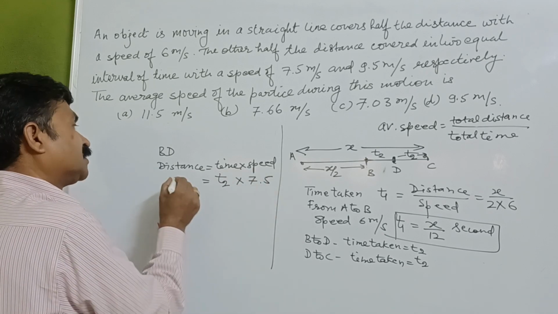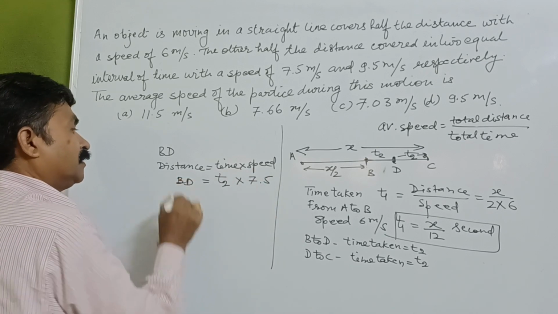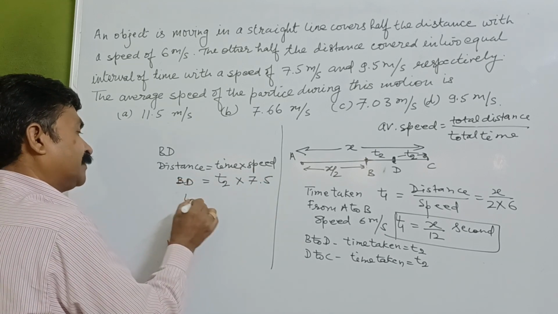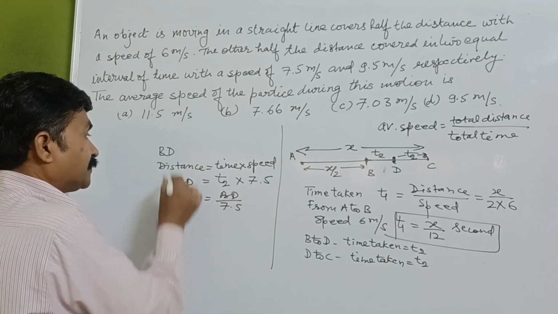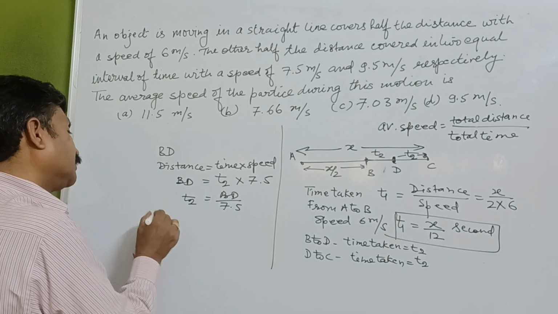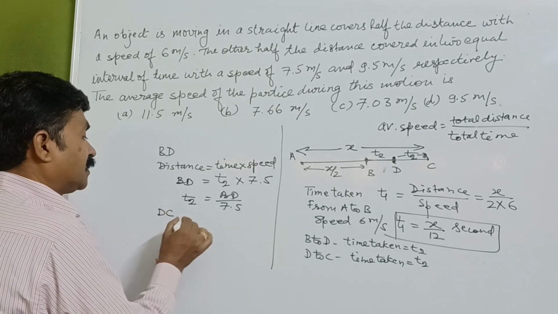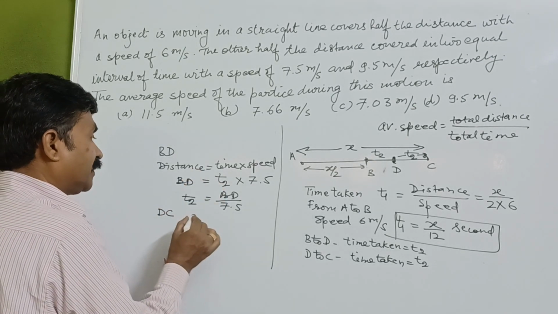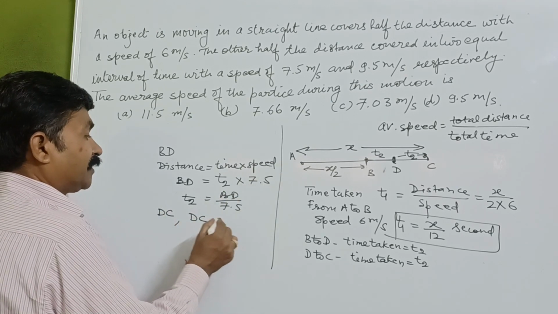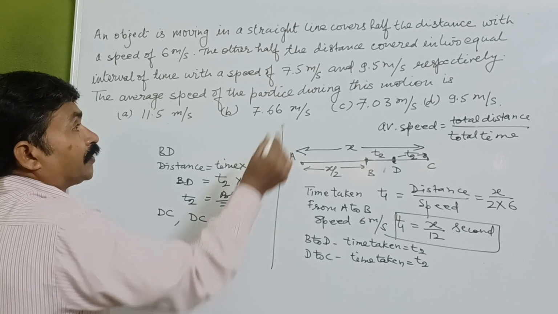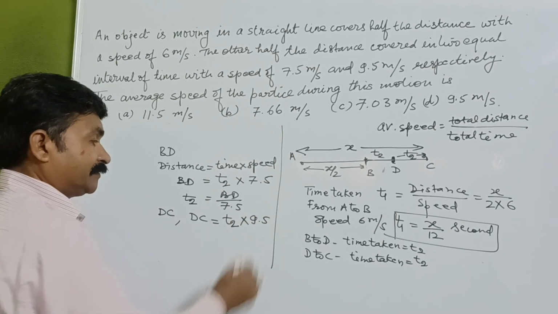Similarly, we can calculate the distance from D to C. I am writing it directly: DC will be given by T2 into 9.5 meters per second.